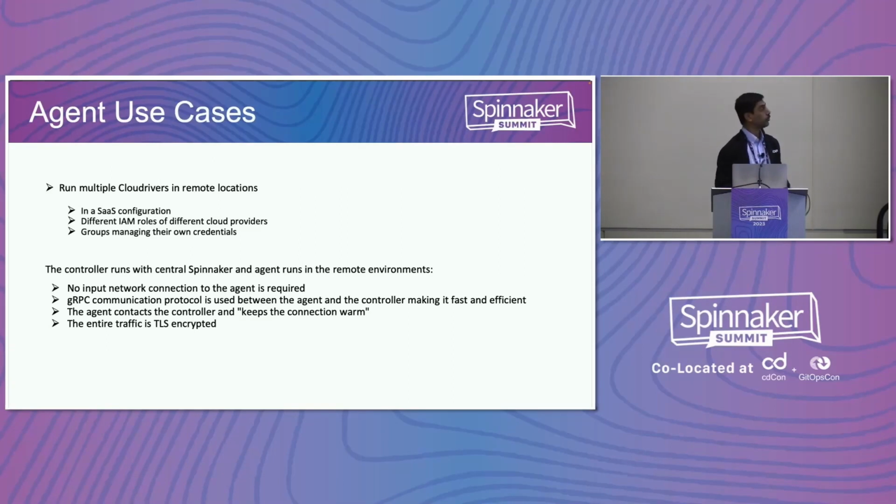And different IAM roles, because you can run one instance in Google, one instance in Amazon, and you use those integrated credentials to deploy to their secure environments. And the other advantage here is each of these groups that are onboarding their accounts, they don't need to share their target credentials with central Spinnaker. They can have it specified at the local agents.